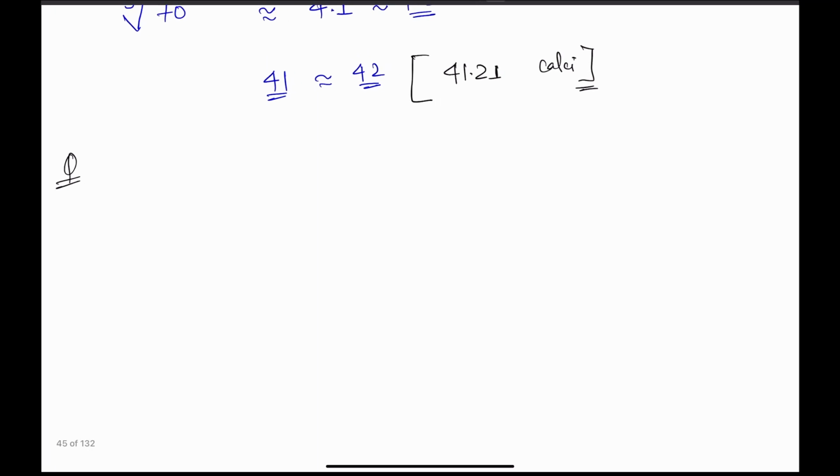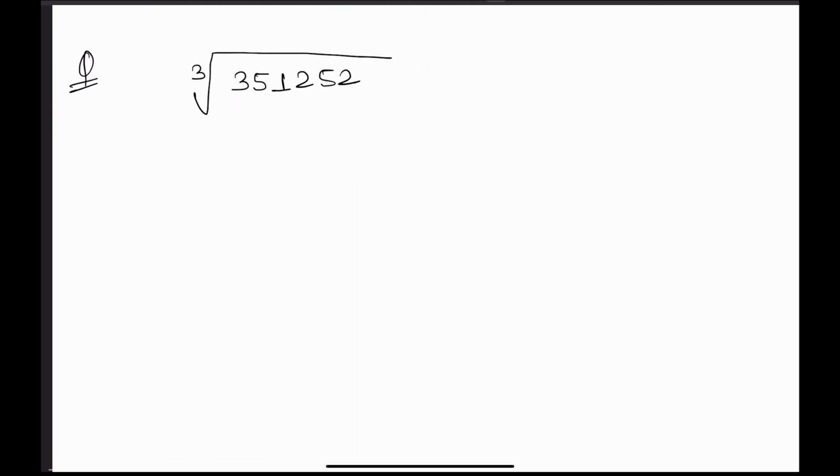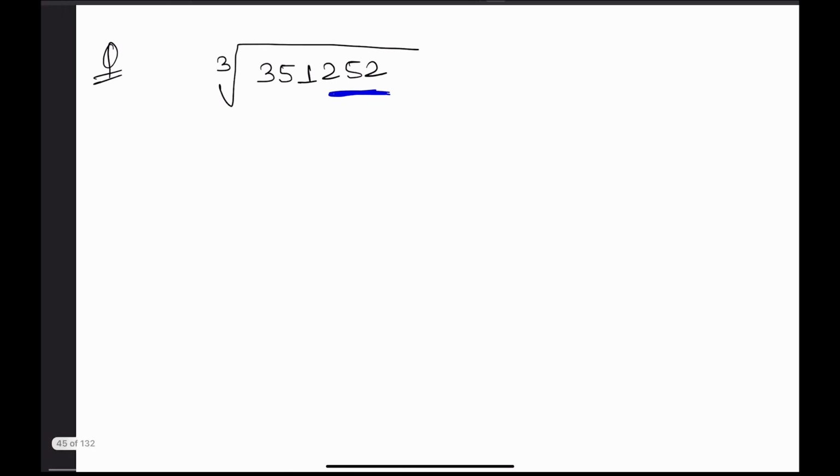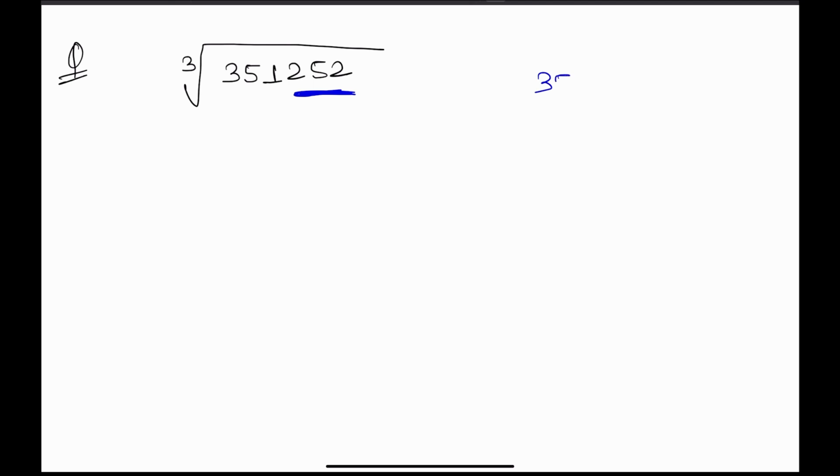If someone asks me the value of the cube root of 351252. In this value, the last three digits are not very significant, because after all we can rewrite it as somewhat equal to 351000.